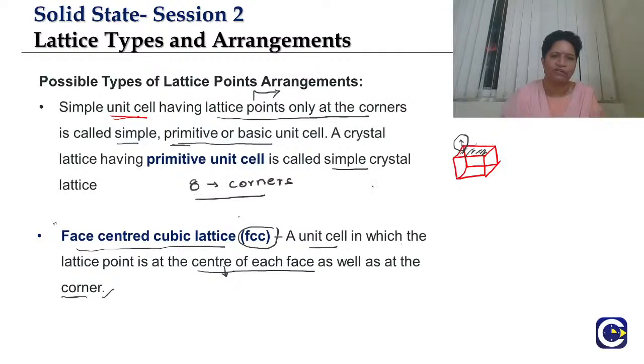If I take a face centered, there will be 6 faces. This is 1, this would be 2, this would be 3, this would be 4. 1 above and 1 below, I can say 6. So there will be 6 faces if I take a simple cube. So along with the corner, the lattice points will also be present at the 6 faces.